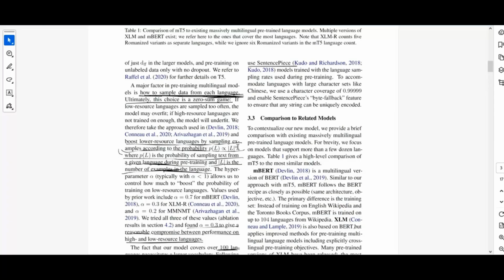They do some experiments for different values of alpha, and they settle on, I believe, using 0.7. So this is how they make sure that the data they're using to pre-train is somewhat balanced, such that it does not overfit for low resource languages or underfit for high resource languages.